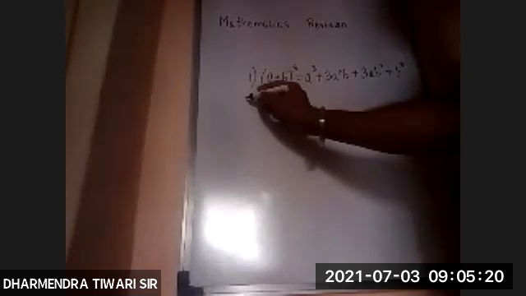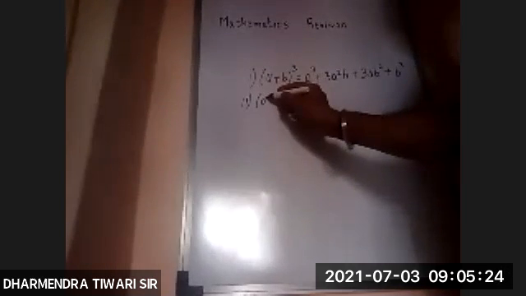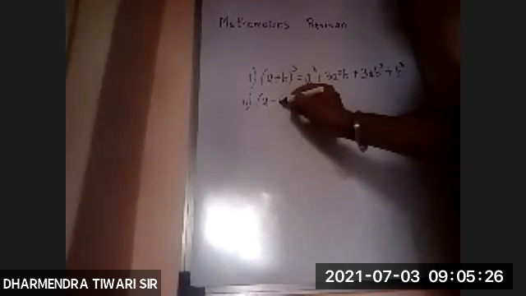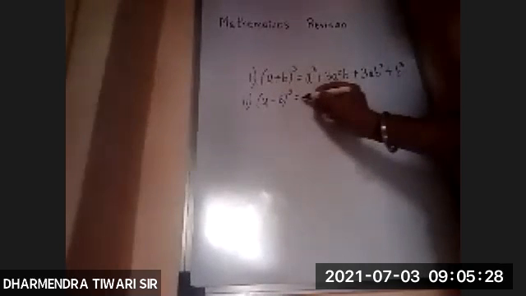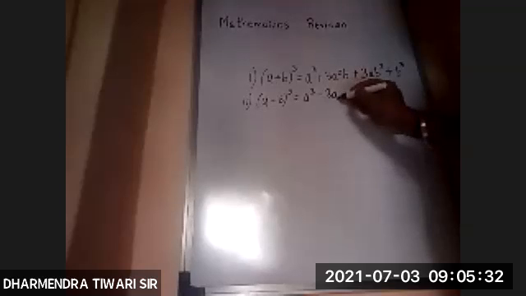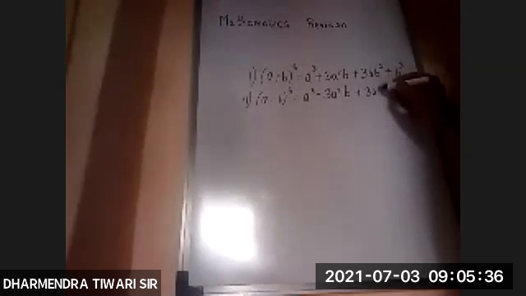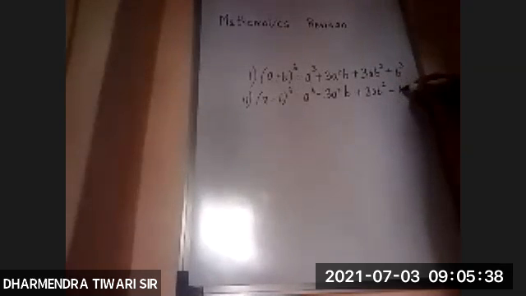Second, a minus b the whole cube: a cube minus 3a square b plus 3ab square minus b cube.